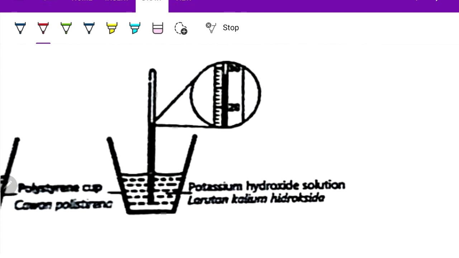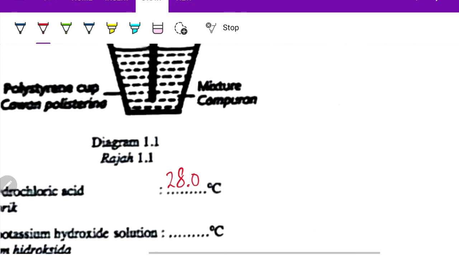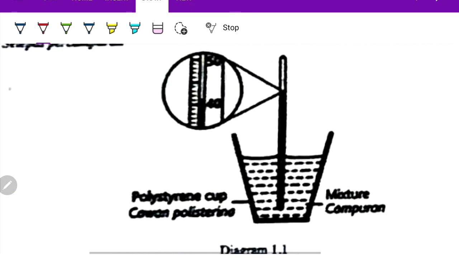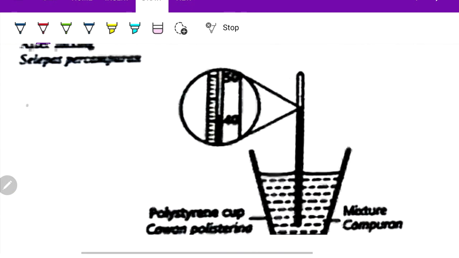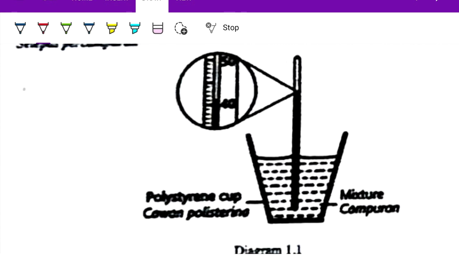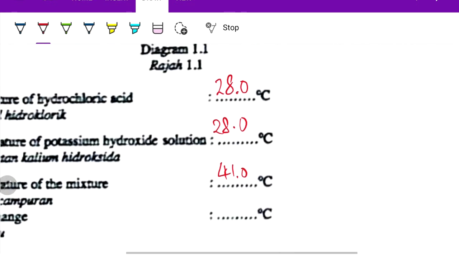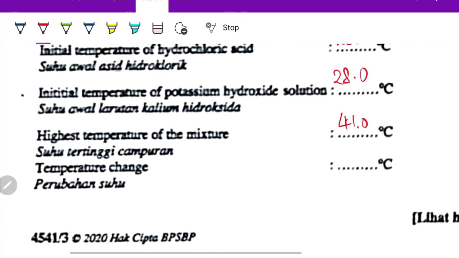Almost the same, it is also 28.0. After the mixing, the highest temperature you get is roughly 41. This is 40 and this is 50, so roughly 41.0.